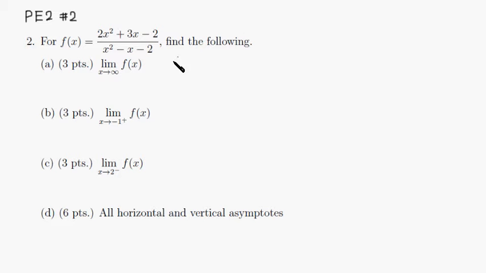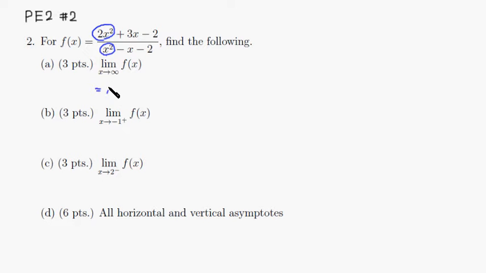We want to take the limit as x approaches infinity. When you take the limit at infinity, all you really have to look at is the leading terms, the leading term on top and on the bottom, because those two will dominate the behavior of the whole function.